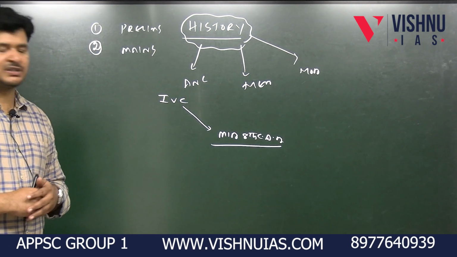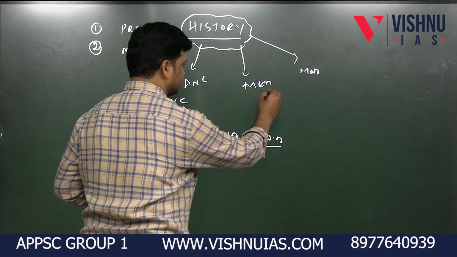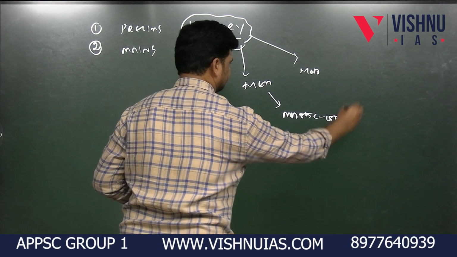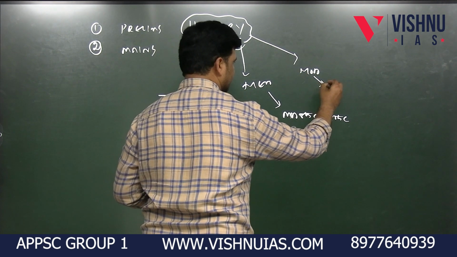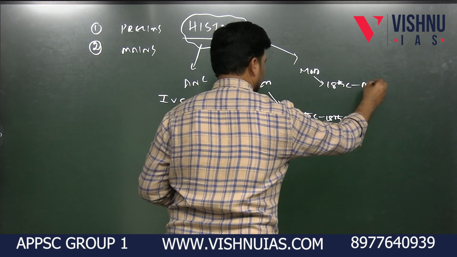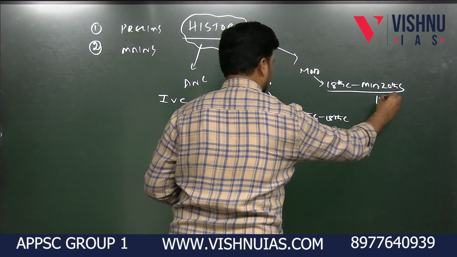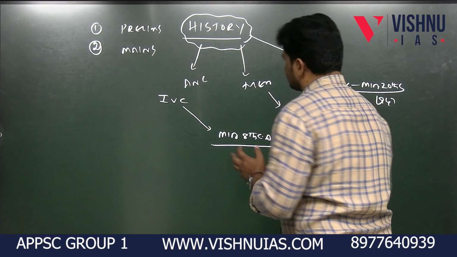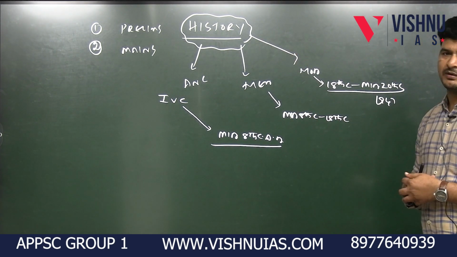As far as medieval is concerned, from mid 8th century AD to 18th century AD. When it comes to modern Indian history, from 18th century AD to mid 20th century AD, that is up to 1947. So these are the areas to be concentrated while you're preparing for competitive exams: ancient, medieval and modern.